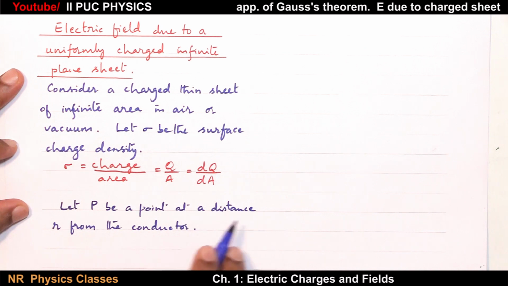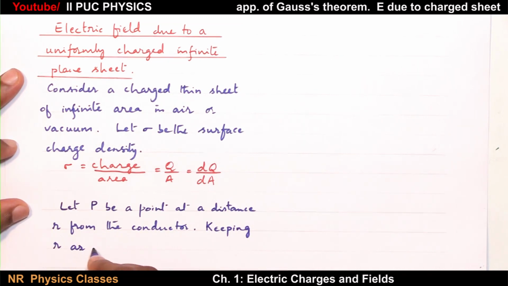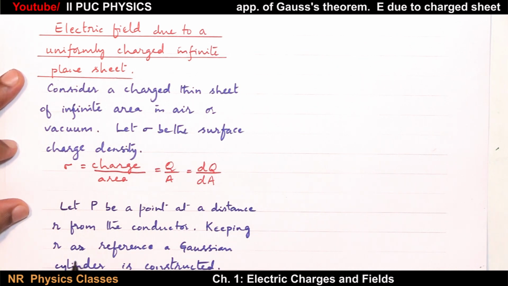Let P be a point at a distance r from the conductor. Keeping r as a reference, a Gaussian cylinder is constructed.